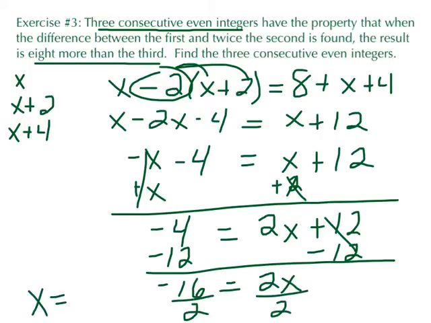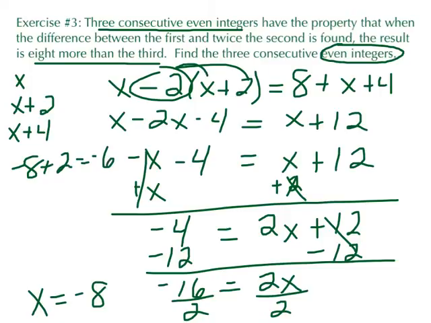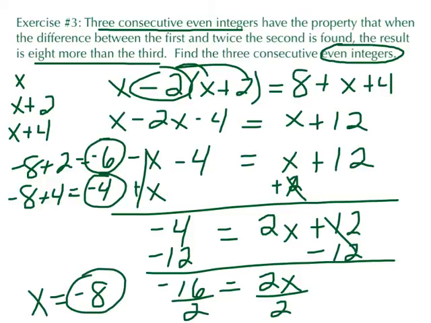X is going to equal negative 8. Is that an even integer? Yes, it is. So let's find the other ones. Negative 8 plus 2 is going to give me negative 6. Negative 8 plus 4 is going to give me negative 4. So my even integers are negative 8, negative 6, and negative 4.